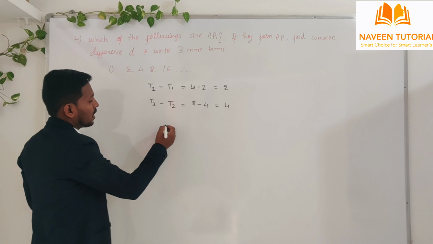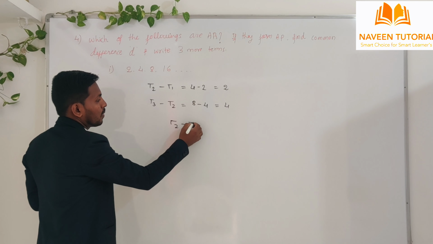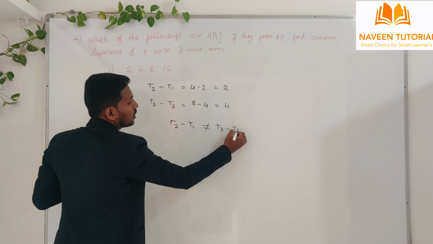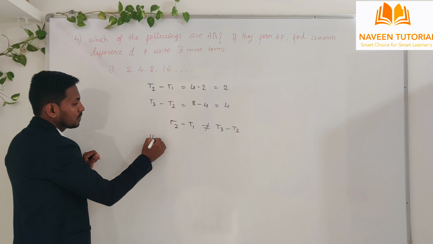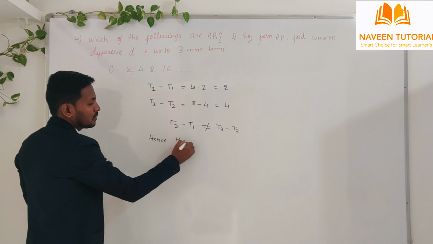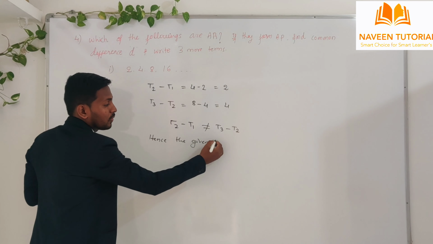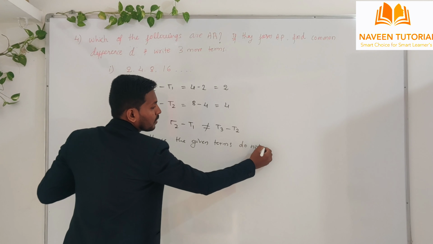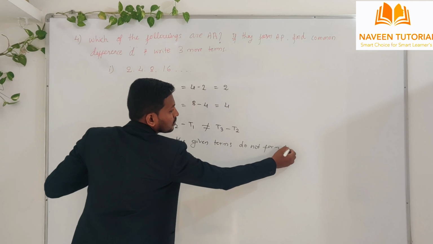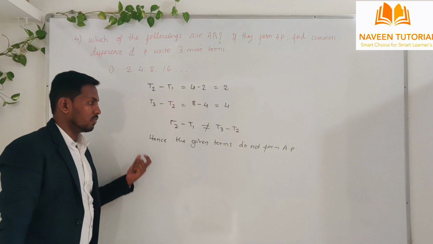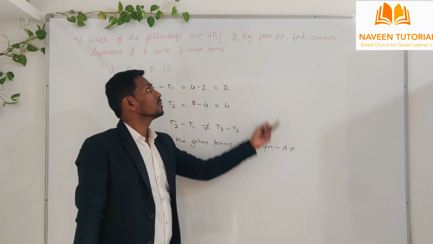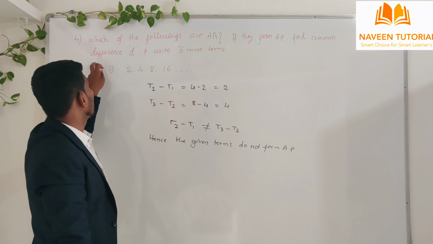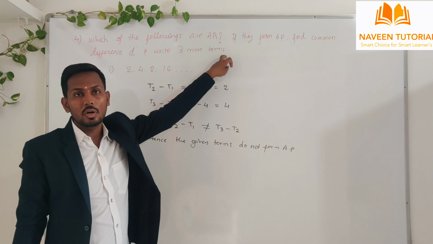Therefore T2 minus T1 is not equal to T3 minus T2. Hence the given terms do not form an AP. If it does not form an AP, then there is no need to find the common difference and no need to write the 3 more terms.